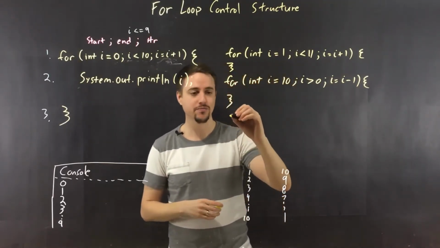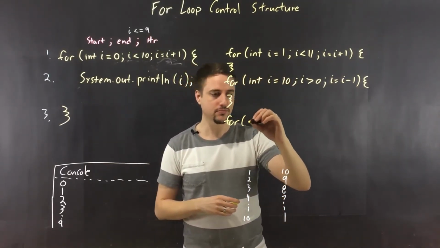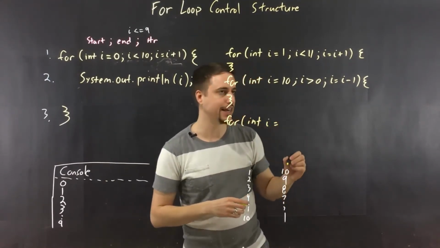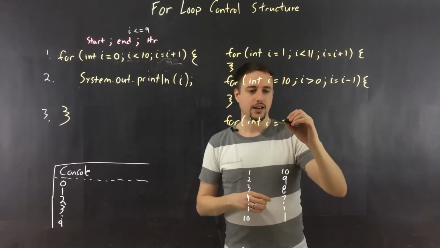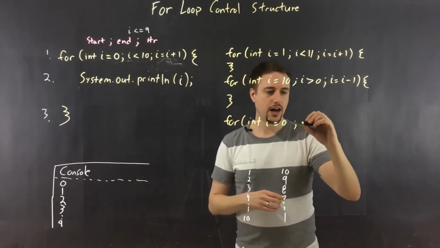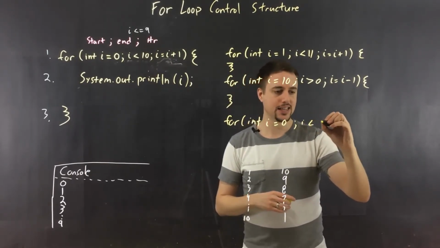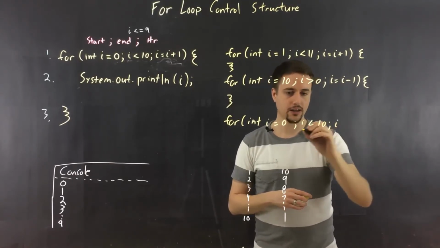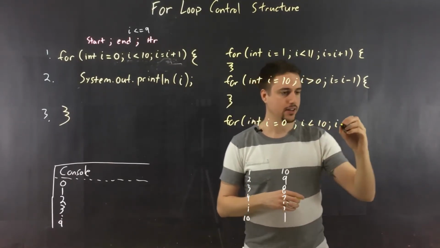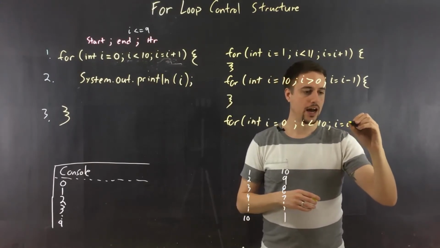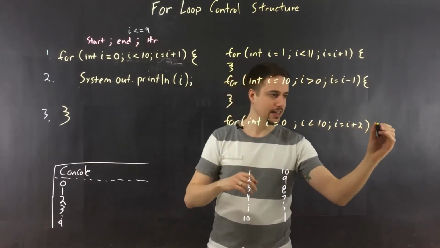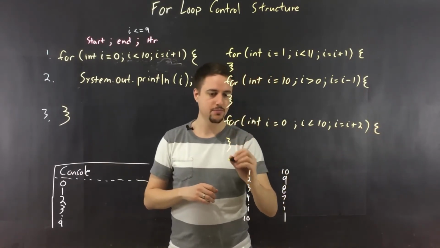Another thing you can do in a for loop is you can do int I equals, let's say, 0, where I is less than 10, and I is equal to I plus 2. So almost identical in terms of a statement.